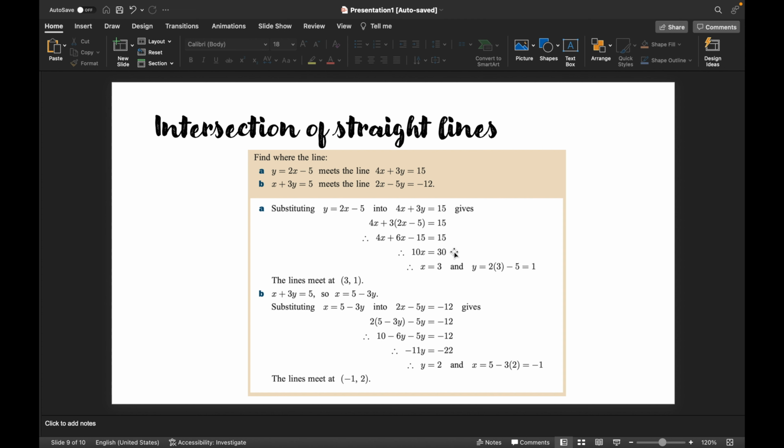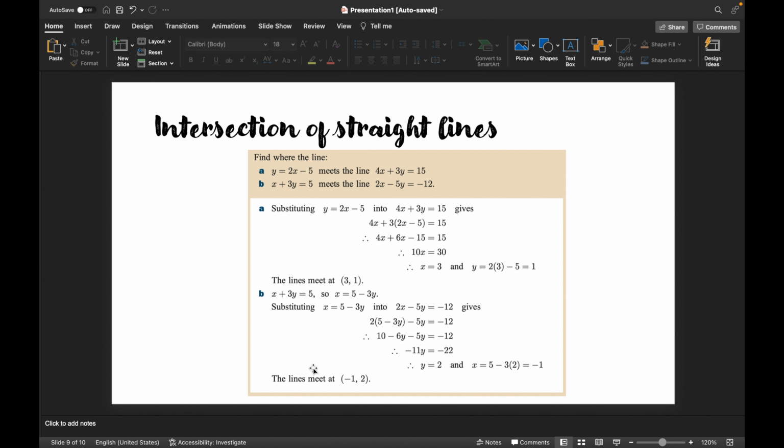Upon simplifying, they get 10x equals to 30. And then when they divide both sides by 10, they get 3. And then when you plug 3 into either one of these equations, you'll get the same answer, which is 1. So the lines will meet at 3, 1.